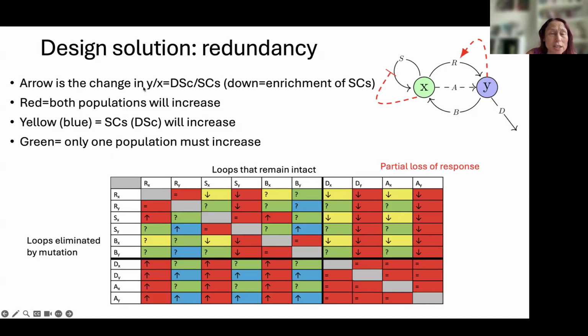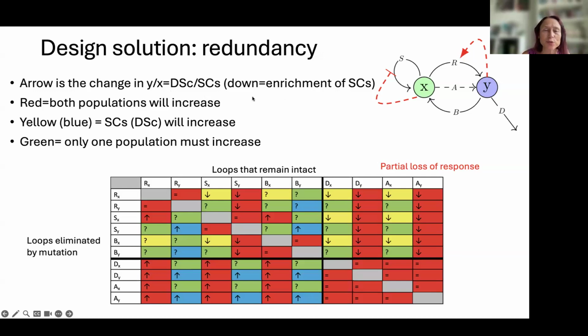The arrow is the change in the fraction of differentiated cells per stem cells. I don't like anymore the way it's arranged. If I did it again, I would say X over Y because it's more informative. So basically, we want to track enrichment of stem cells.